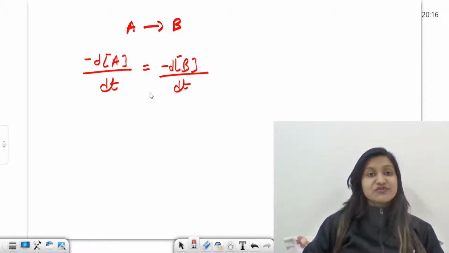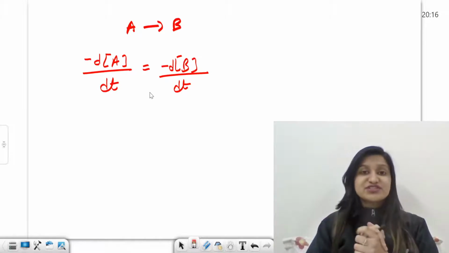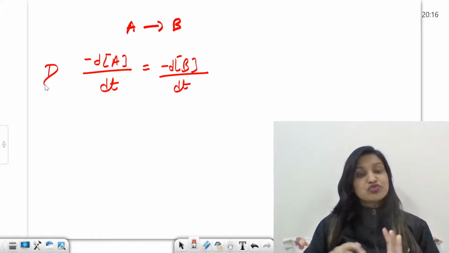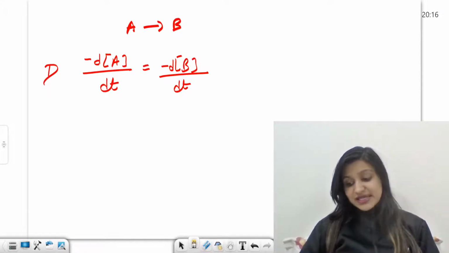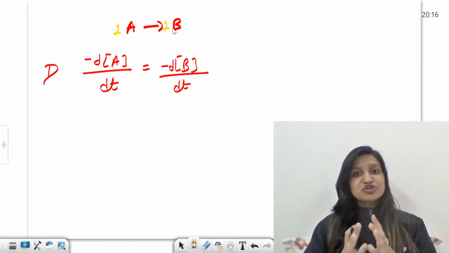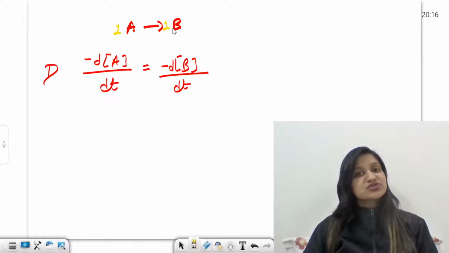This is your rate of disappearance of A and this is your rate of appearance of B. It works on stoichiometry as well. Since the stoichiometry is the same for A and B, this expression comes out.